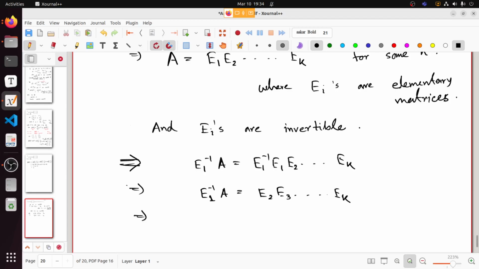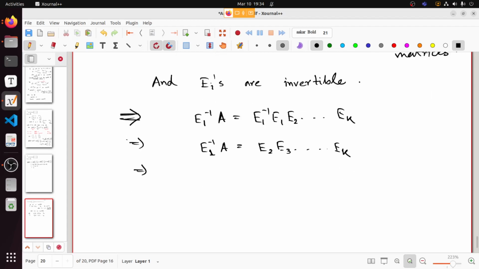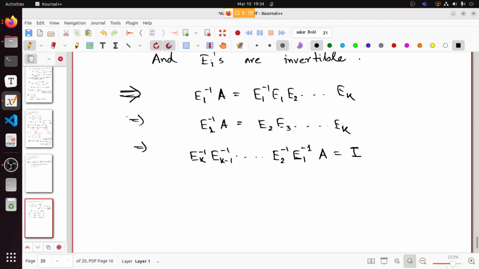Similarly, multiply now by E2 inverse, E3 inverse, and so on. Then what will you get? Ek inverse, Ek minus 1 inverse, dot dot dot E2 inverse E1 inverse into A equals, on this side, the identity matrix, right? Now what will A inverse be?